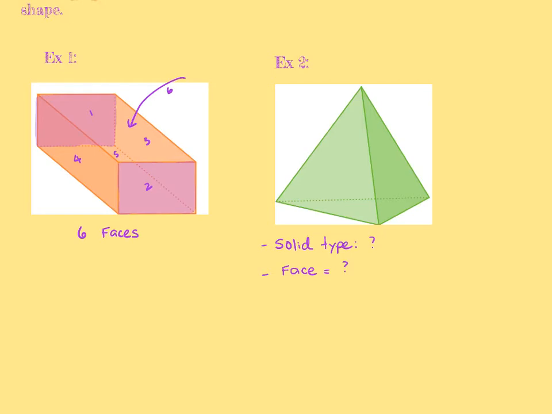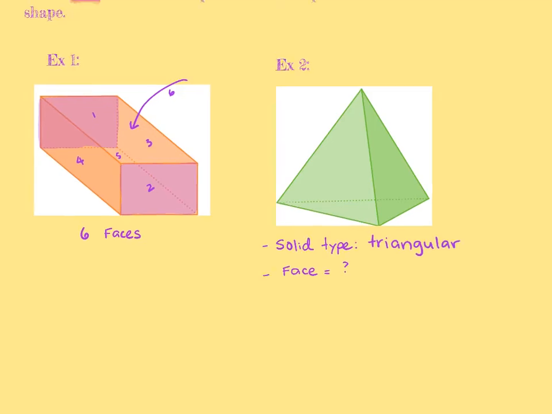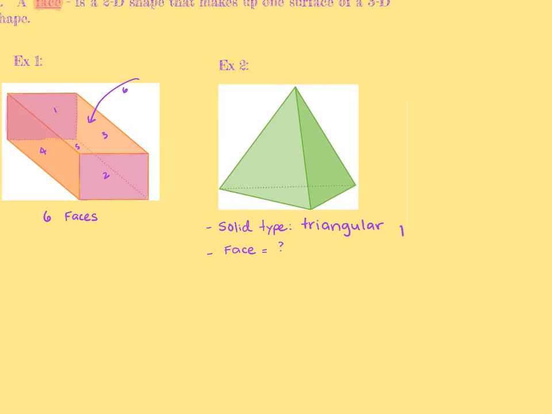Okay, so coming back, hopefully you knew what kind of figure that was. If you said it's a triangular pyramid, you're on the right track. So you should have said triangular pyramid. Let me make this more spacious.